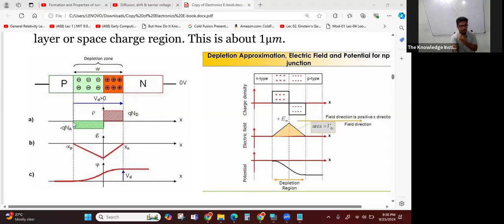Then it gradually increases, and at the middle the electric field is maximum, with a negative value, and then here again it will be zero, because the n side also has a uniform distribution.